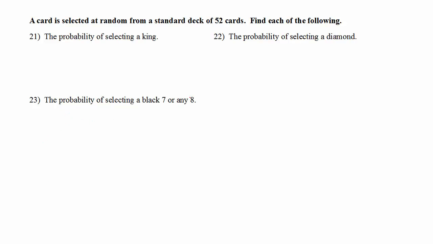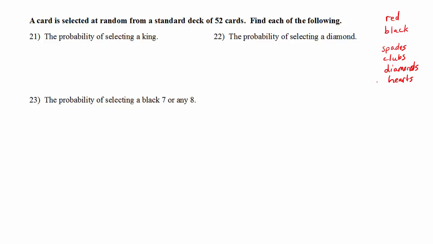So now we're talking about probability of selecting cards at random from a 52 card deck. What's important for you to know is there's 2 colors in a deck, red and black. There are 4 suits: spades, clubs, diamonds, and hearts.